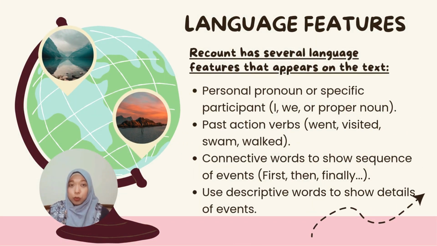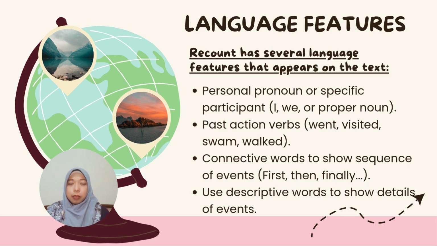Talking about the language features, recount text has several language features that usually appears on the text. The first, it is the use of personal pronoun or a very specific participant. Usually we can use the pronoun I or we, or maybe a proper noun like the name of someone or something as the characters of the story.